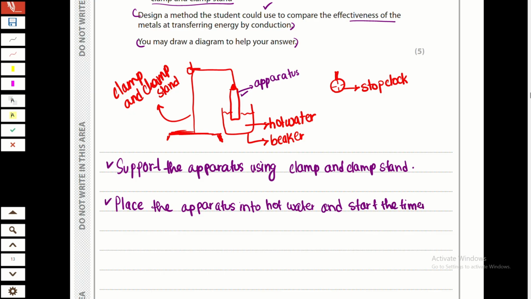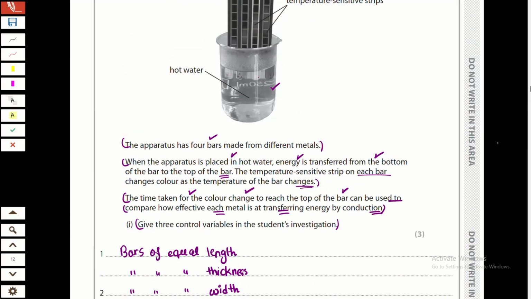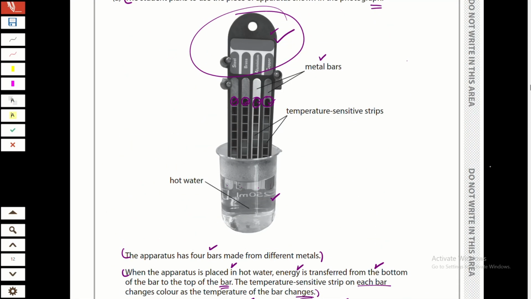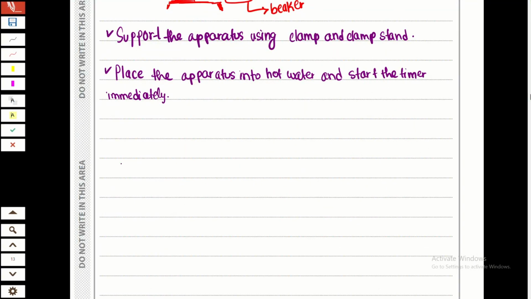Then the student is going to record the time required for the top temperature sensitive strip to change color for each metal bar.